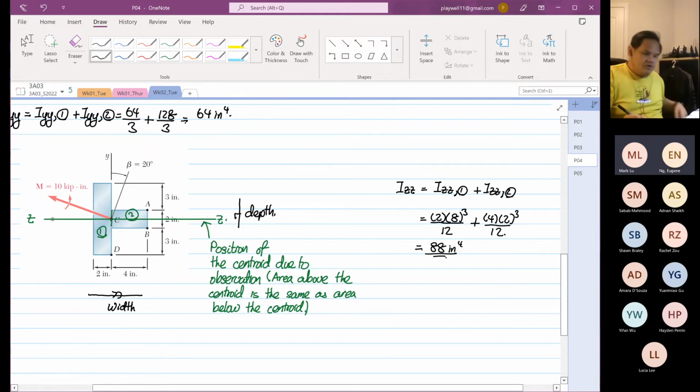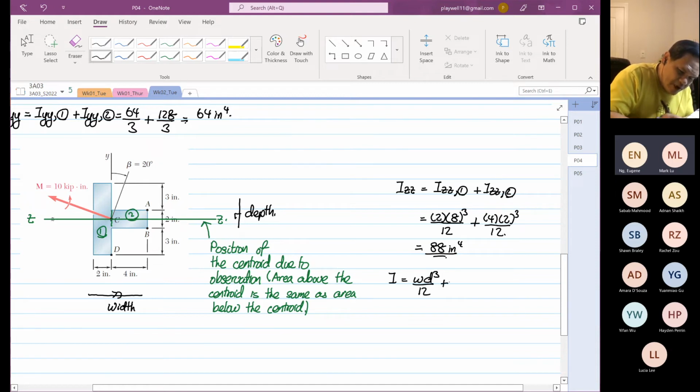Okay. So as you recall, we know that I is equal to width times d cubed over 12 plus the area times big Y bar minus small y bar squared. Now you realize that we did not use this term at all. This is because big Y bar is equal to small y bar.